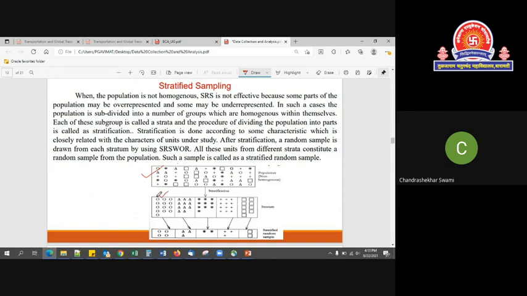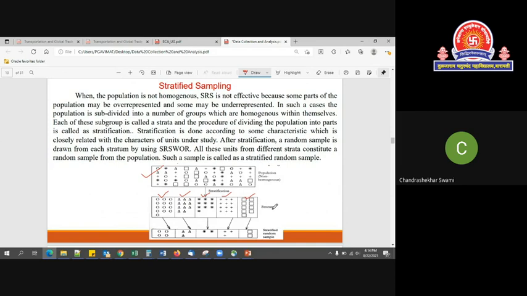I have made one group of the circle type, the second group of all triangles, the third group of all stars, the fourth of all plus elements, and this is the squares. Now these groups are called strata: this is the first stratum, this is the second stratum, the fourth stratum, and collectively all these are called our strata.